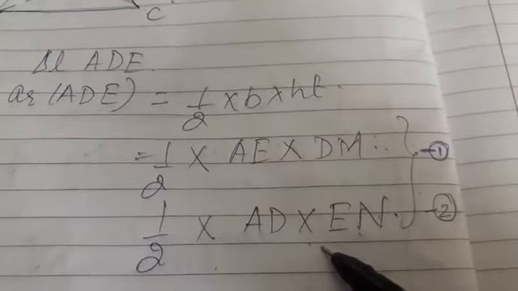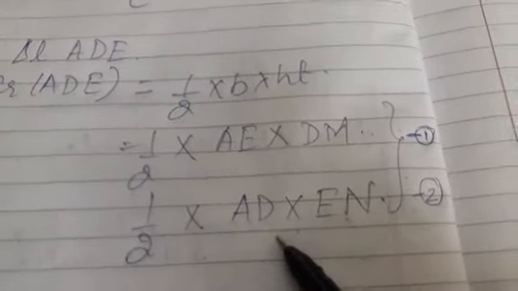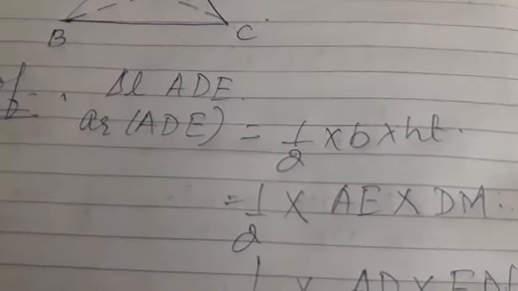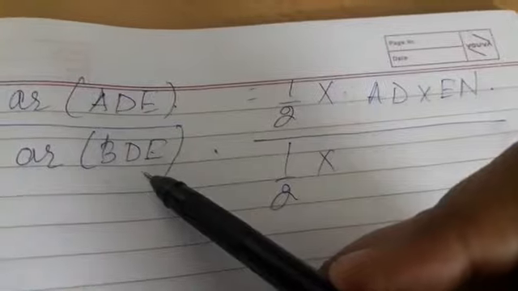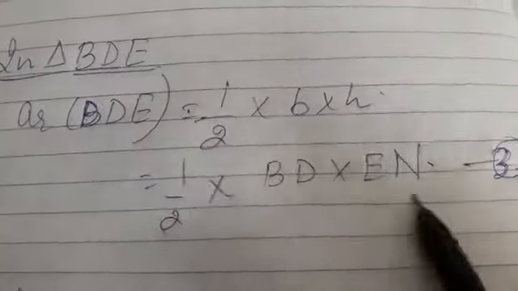For ADE, as I told you, whichever we need we can take, so for the first part I will take half into AD into EN, and for triangle BDE it is half into BD into EN.